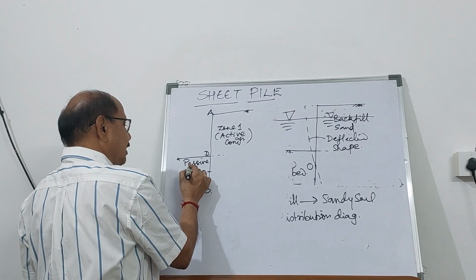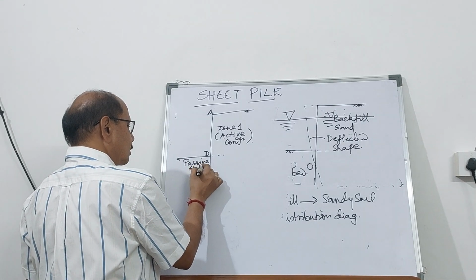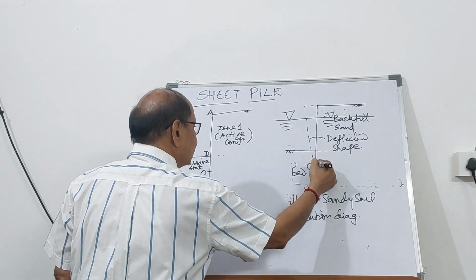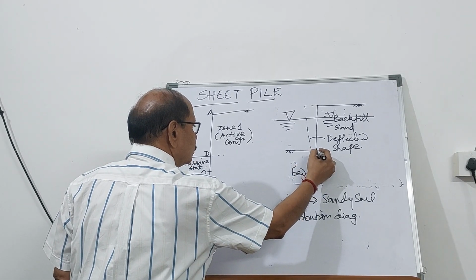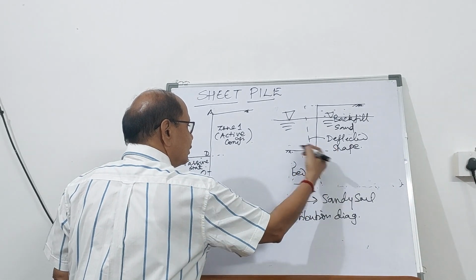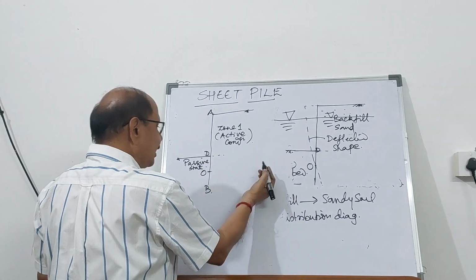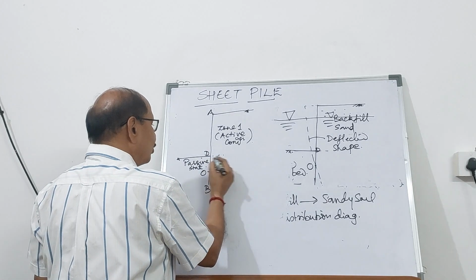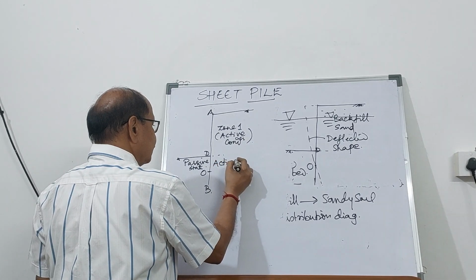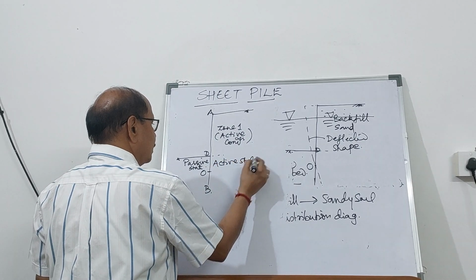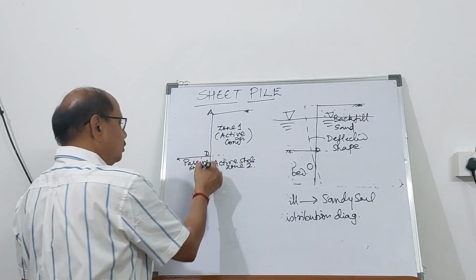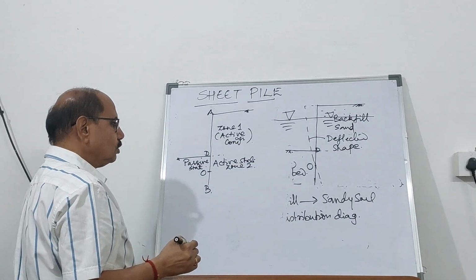Whereas in this part, D to O, on the right hand side of the sheet pile, or on the back of the sheet pile, it will be in active state. So this becomes zone 2. So zone 2 is from D to O.